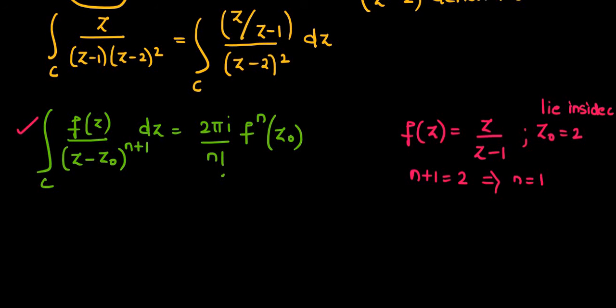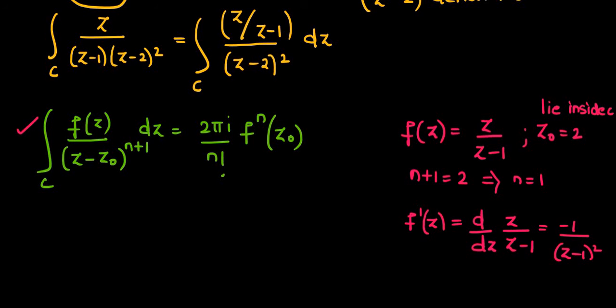That means you have to find only the first derivative of that function. So f dash of z is d by dz of z by z minus 1, which is minus 1 by z minus 1 whole square by applying quotient rule. Now you can substitute this particular point z equal to 2 in this derivative. So f dash of 2 is now minus 1.